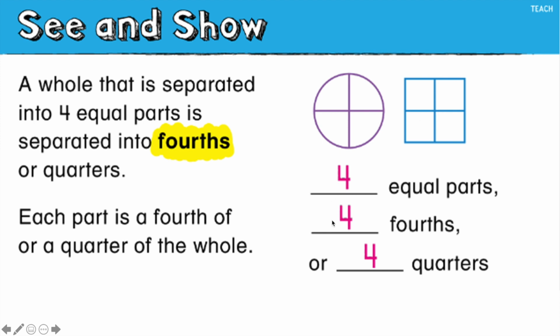We could also say 4 fourths or 4 quarters. 1, 2, 3, 4. 4 fourths or 4 quarters. If we hear the word half, we know that the shape is cut into 2 pieces. If we hear the word fourths or quarters, we know that the shape is cut into 4 pieces.